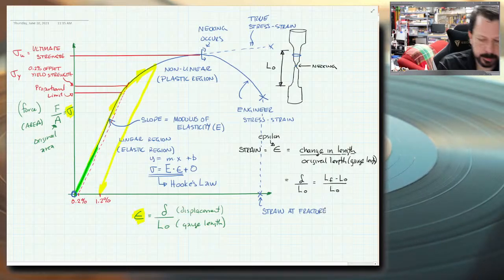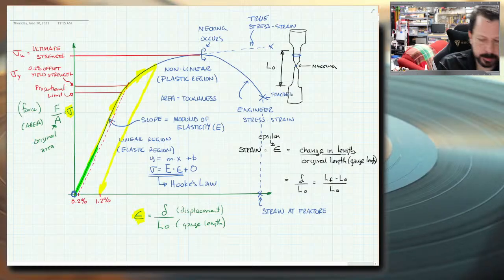If you integrate the area under this curve, that's called toughness. I think those are our primary ones. Oh, this point, I kind of don't want to draw it over here, but this point is fracture strength.